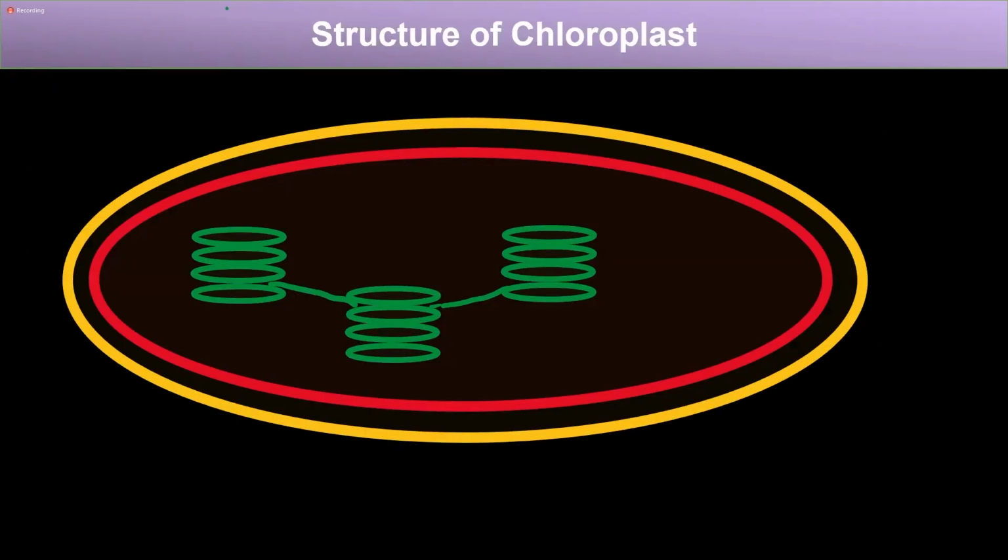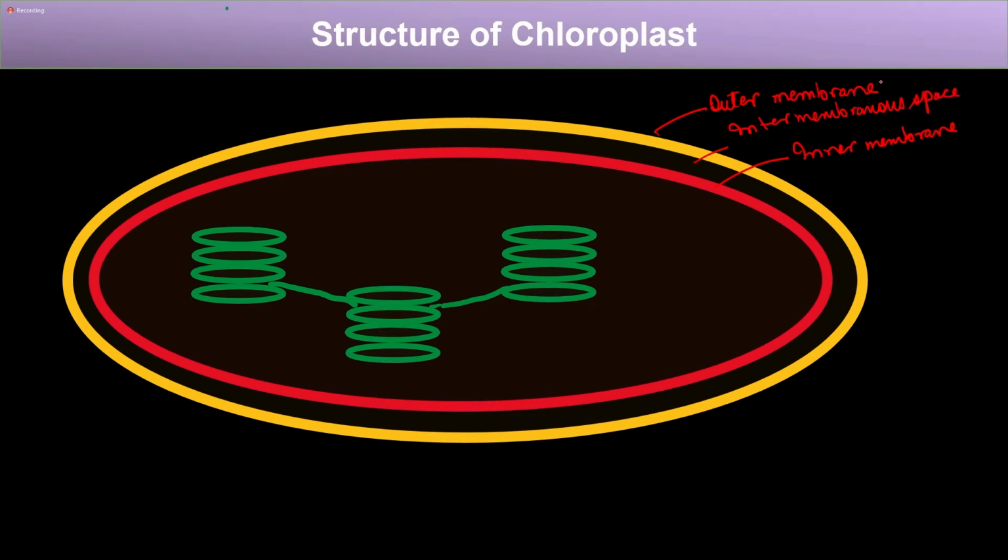If we talk about the structure of a chloroplast, just like mitochondria, it has two membranes: the outer membrane and the inner membrane. And they also have an intermembranous space between the outer and inner membrane.